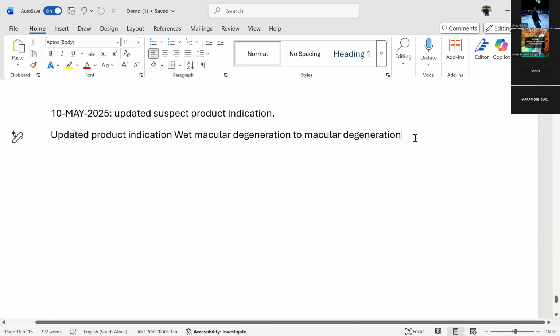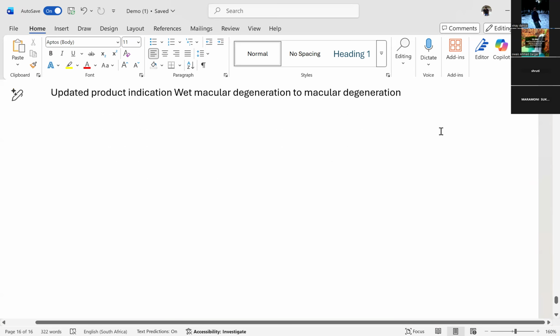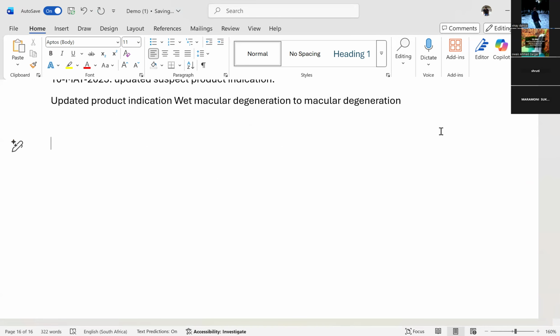For narratives, we have to follow certain rules. First, chronology. What happened and when did it happen? It should follow a chronology. Like the patient experienced three different events or incidents on three different dates. So, what comes first, then second, then third? Proper chronology is required.